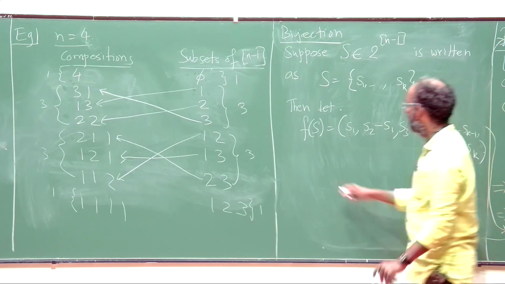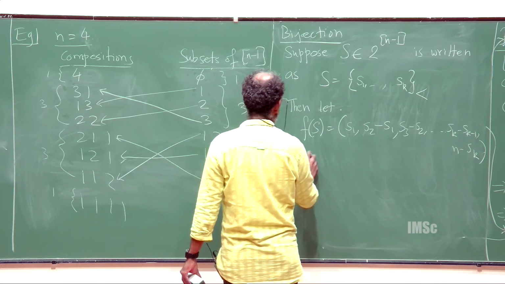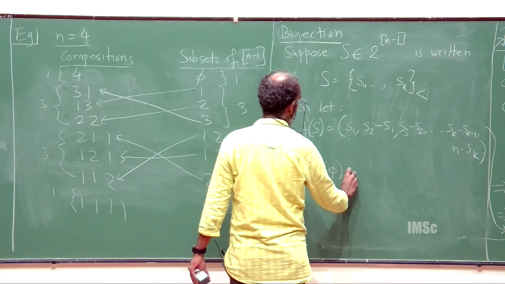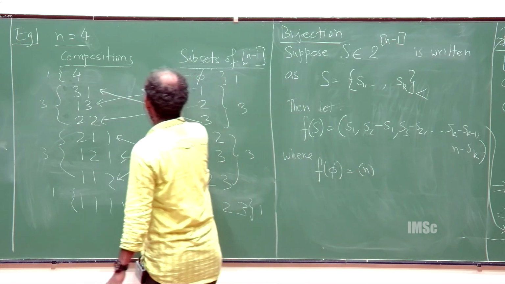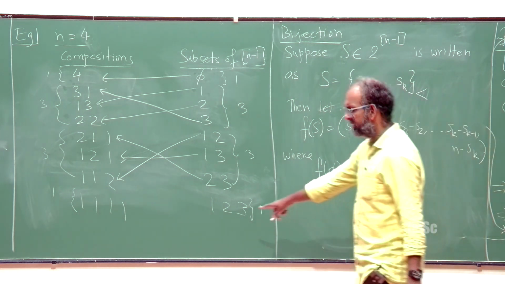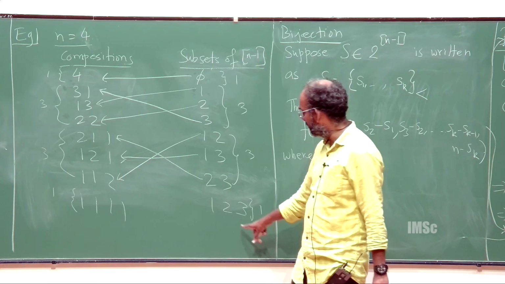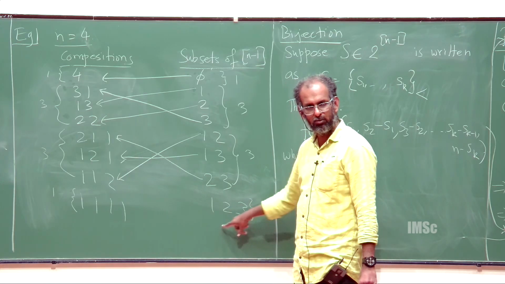So if you want, we will write f of empty is n. That's a special case. And this is easy. There's no problem here, right? Because 1, 2 minus 1, 3 minus 2, 4 minus 3.